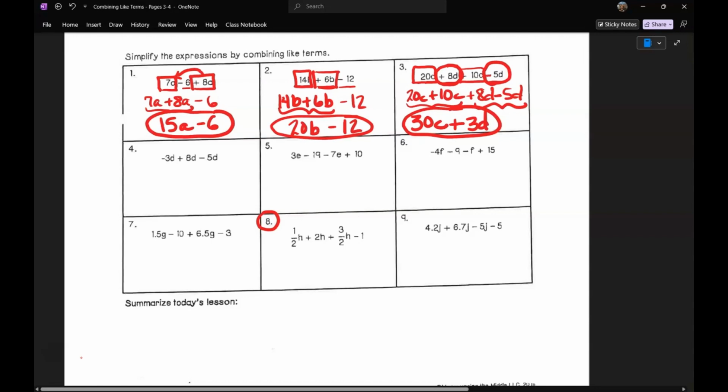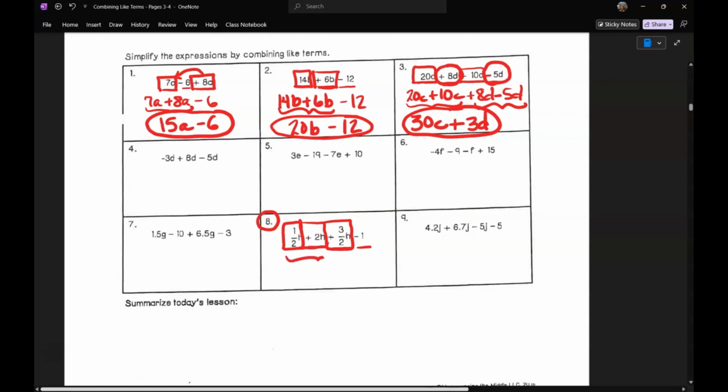All right, so we have 1, 2, 3, 4 things in our list. I see some H's. I've got a 1/2. I've got a 2H. Notice how I'm putting the plus in front of it in the box. And I've got a 3/2.